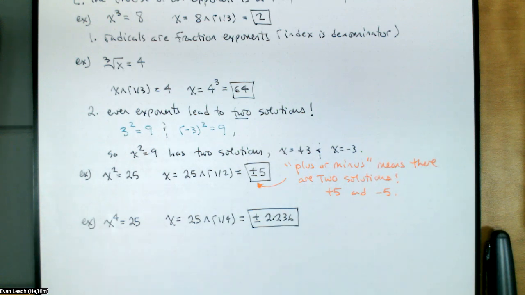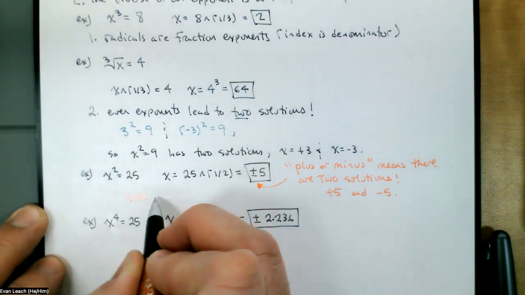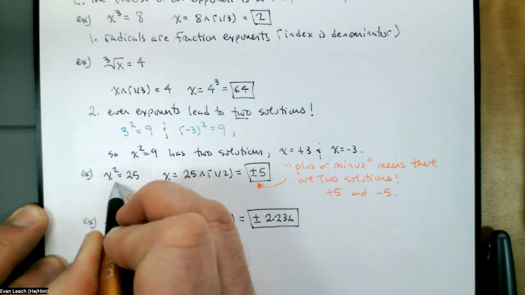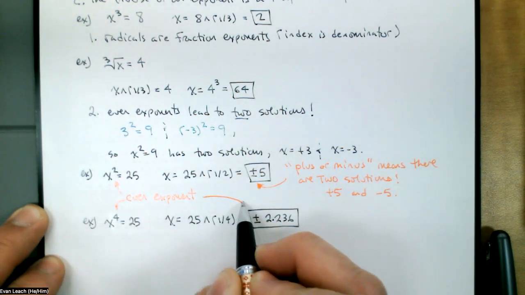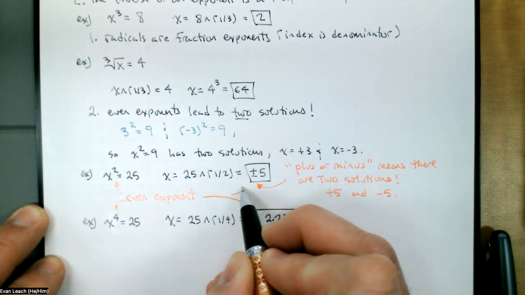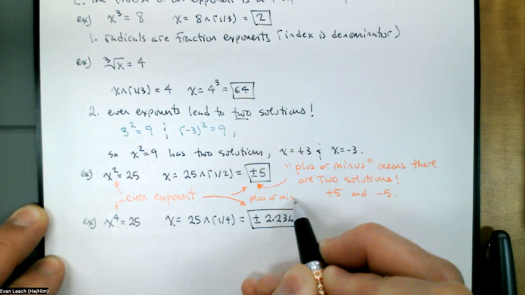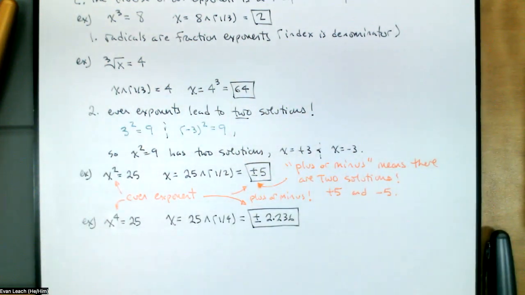Four is even, so we need plus or minus. If we have an odd exponent, we don't need the plus or minus.